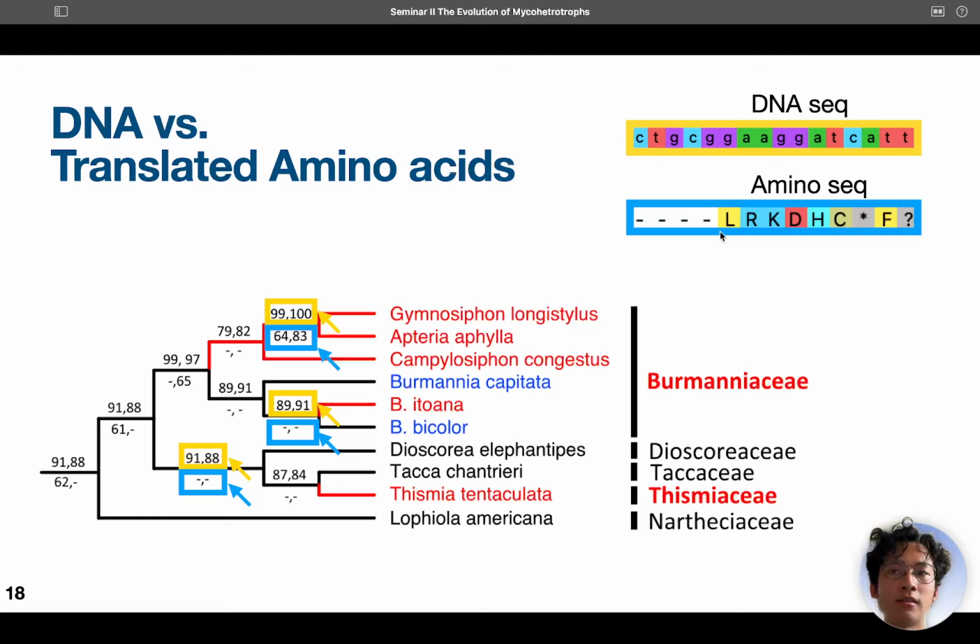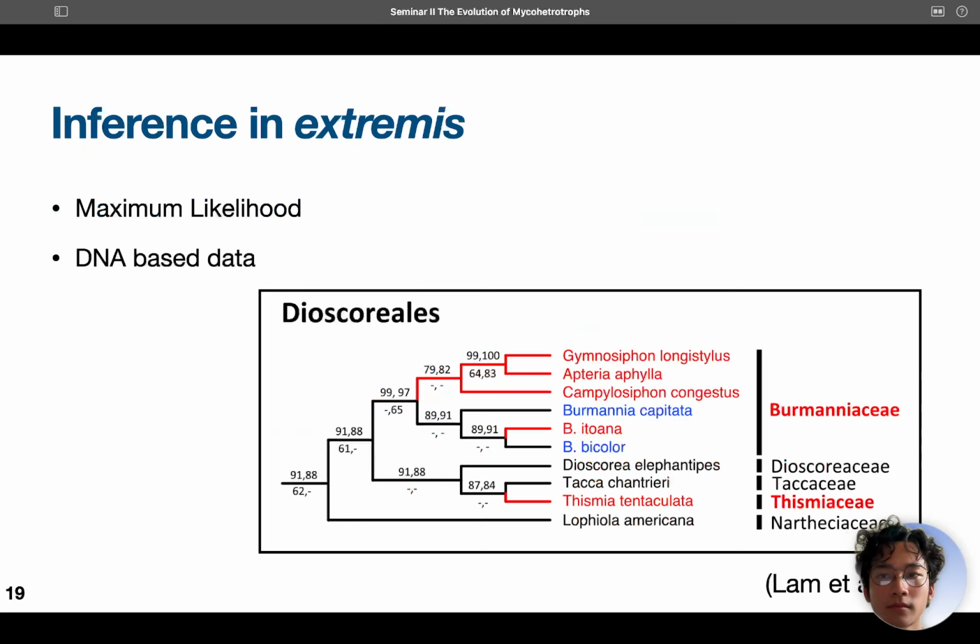So the data that we have is lost along the way when we translate it. So the support for the amino acid sequence tends to be lower than for the DNA data. So you better use the DNA data in this case. For the conclusion, use maximum likelihood with the DNA data for a better result.